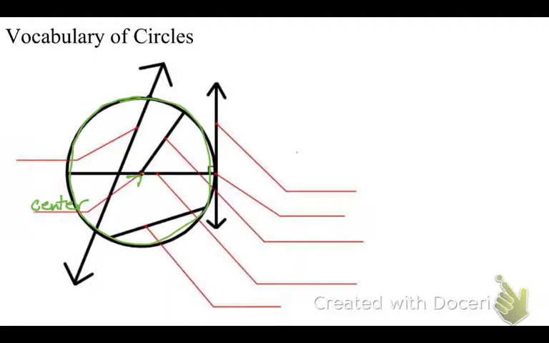So let's look at another one. Let's look at some of the ones that you're familiar with. I'll change color. Let's look at this guy right here. I'm pretty sure you all are familiar with that as the diameter. And then half of the diameter is the radius, and there's a picture of the radius.